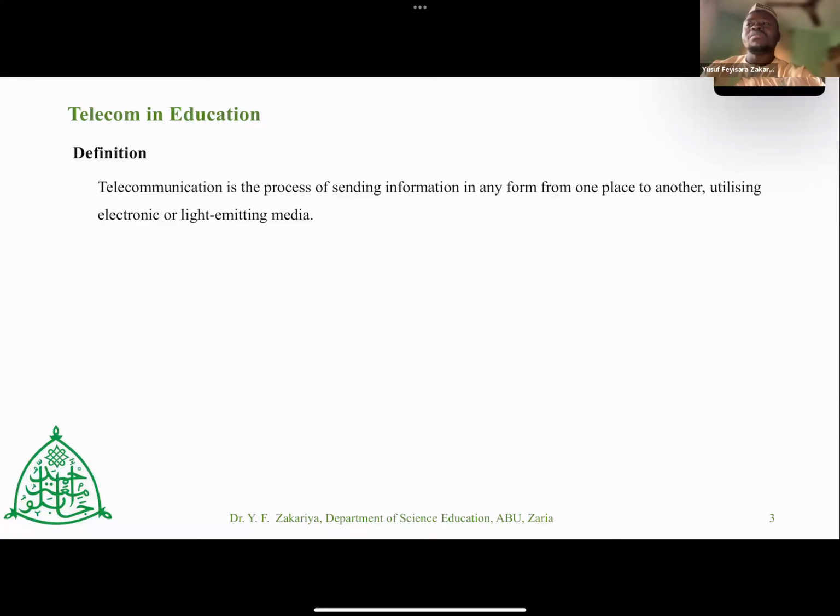Remember in our last class, we made a distinction between information and data, where we say information is processed data. So whenever you process data, the outcome or the product of that will be information.